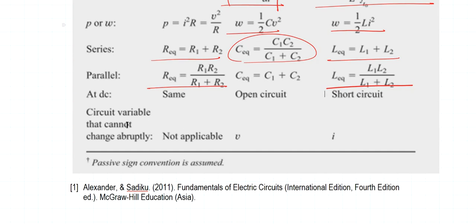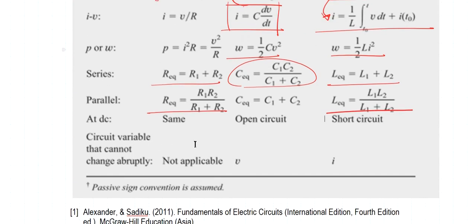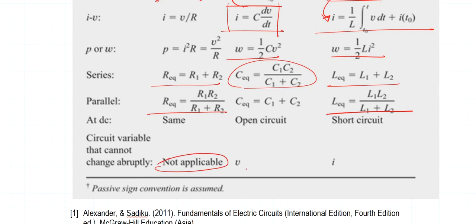And it also says here circuit variable that cannot change abruptly. That means for capacitors, it will take some time to store energy in the capacitor, and also it will take some time to drain that energy from the capacitor. So once we want to use that energy, it will also take some time.